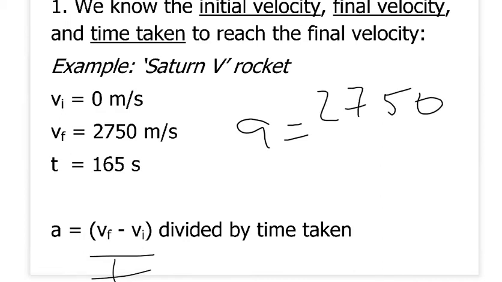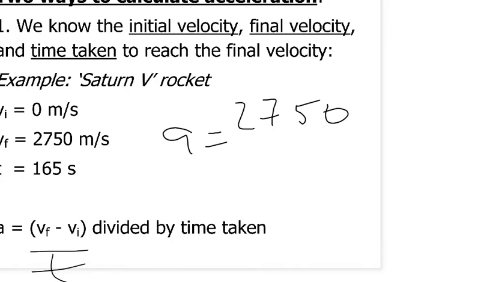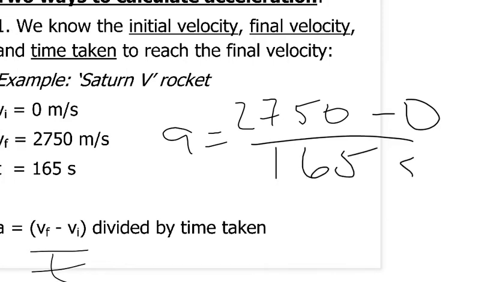V initial is 0, so I'm going to just leave it off. Actually, you know what I'll do? I'll go ahead and draw it in just for completeness. Minus 0, and then we divide by how long it took, 165 seconds. So this is going to give us our answer in meters per second per second.